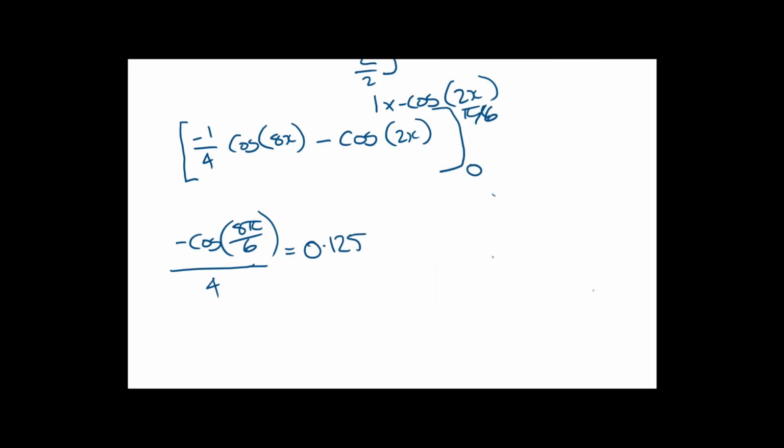That's the first one. The second one is going to be negative cos of 2 times pi over 6. It's 2 pi over 6, which you should say is pi over 3.